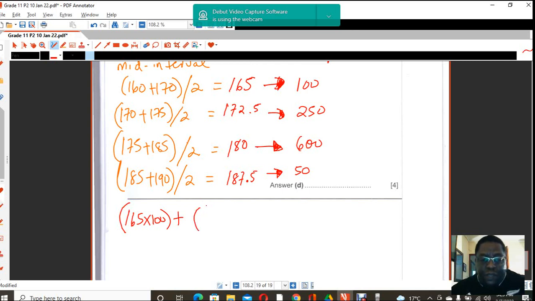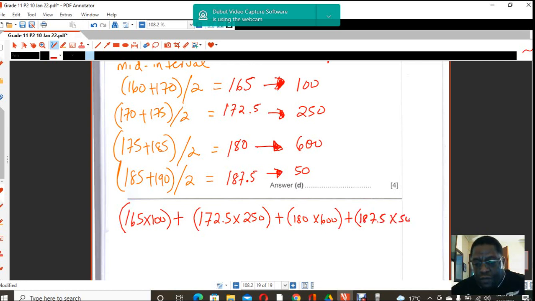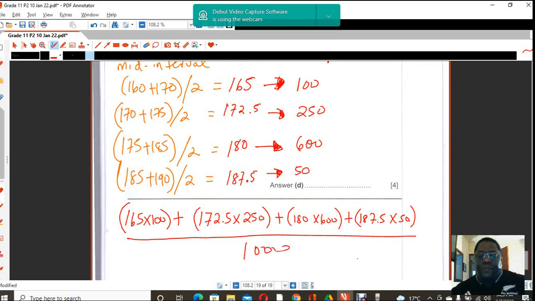Plus 172.5 multiplied by 250, plus 180 times 600, plus 187.5 times 50. All of this we are going to divide by the total number of recruits. Are we together?